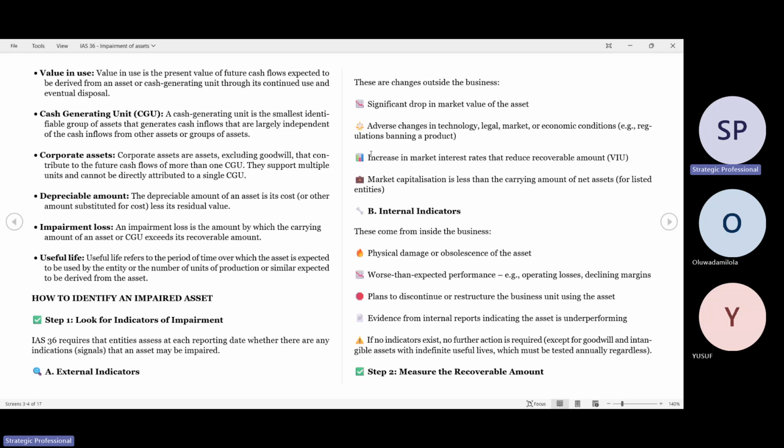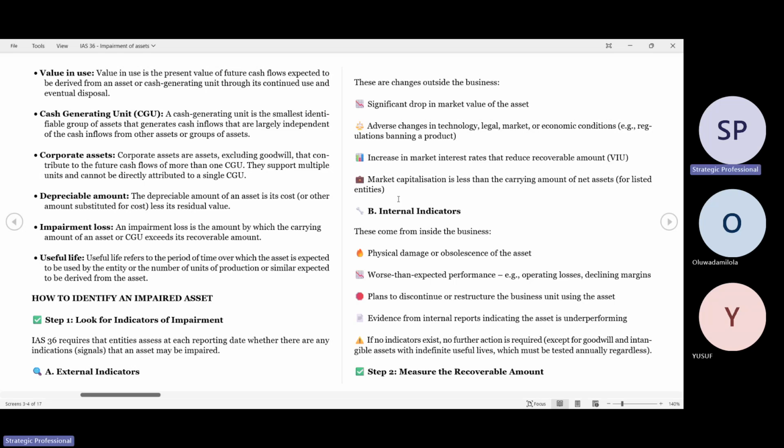The discount rate will show, if you are saying that you will make 100 million in the future, what is the value of that 100 million now? That's the meaning of present value of future cash. In doing that, you use interest rate. So the higher the interest rate, the lesser the value. So once that happens, it's also important for companies to assess whether impairment has occurred.